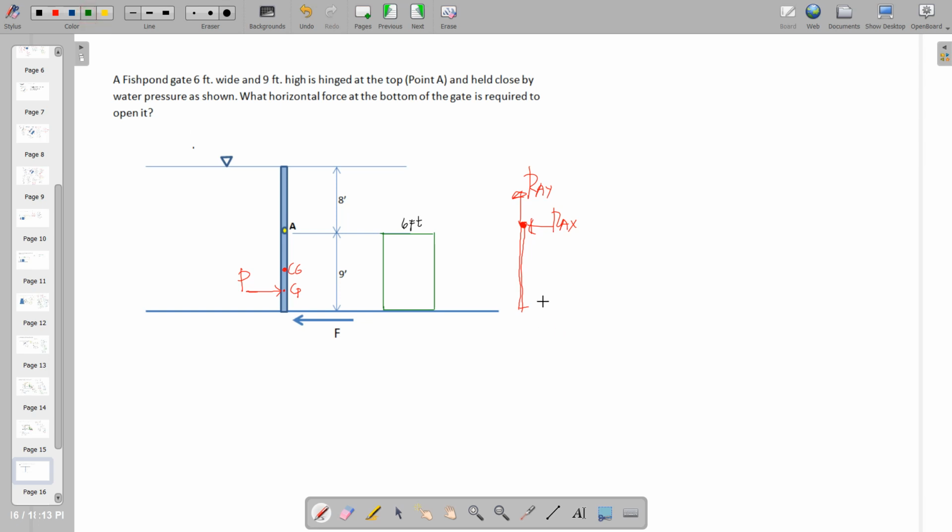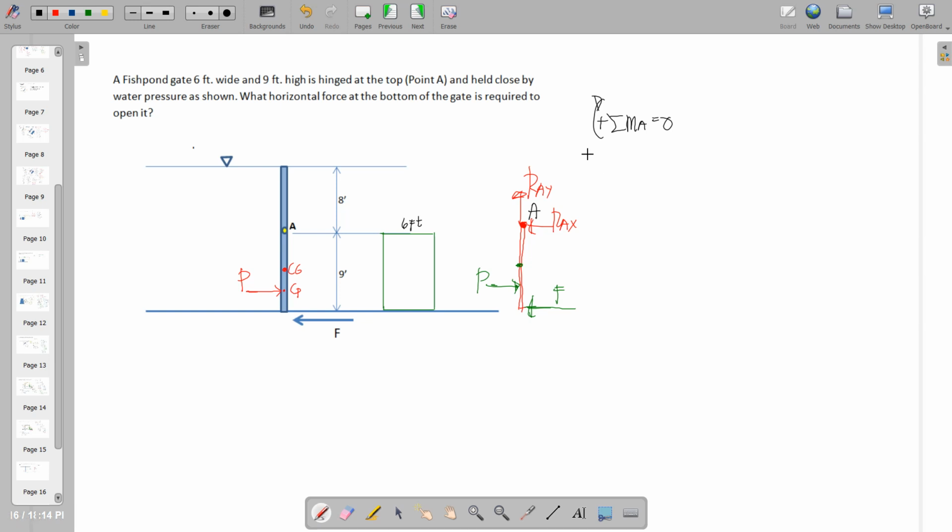So we just assume the direction for that, and then we need to compute this F. Say this is F, and present here is the hydrostatic force acting on the center of pressure. So obviously, if this is point A, we need to take moments at point A, equal to 0 so that we have an equilibrium.